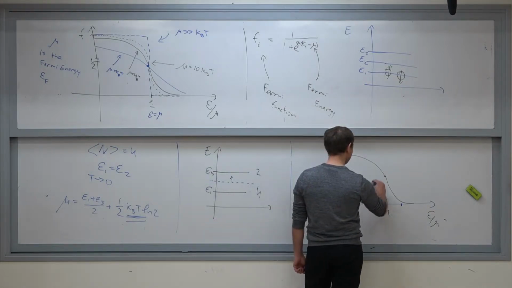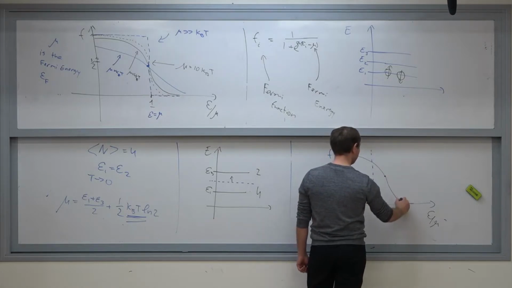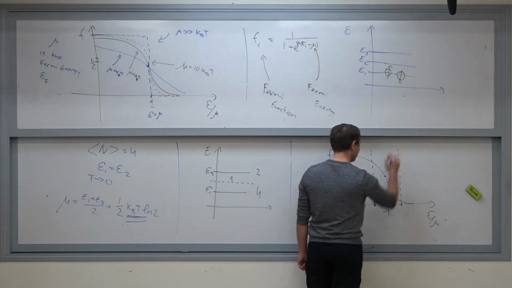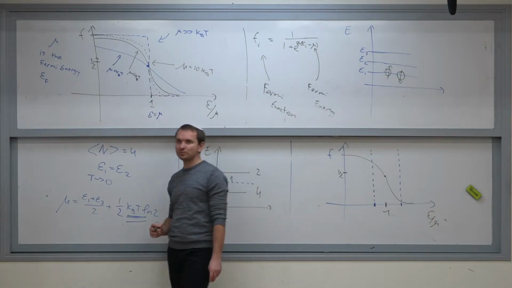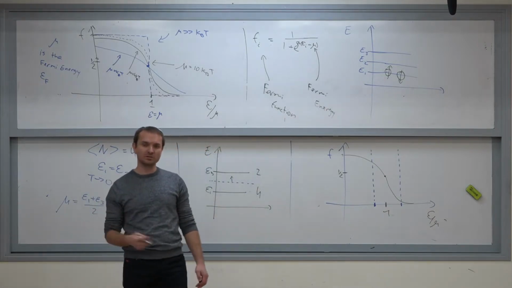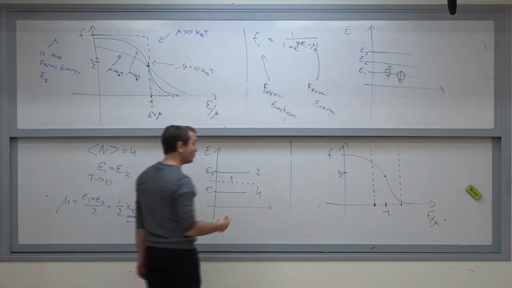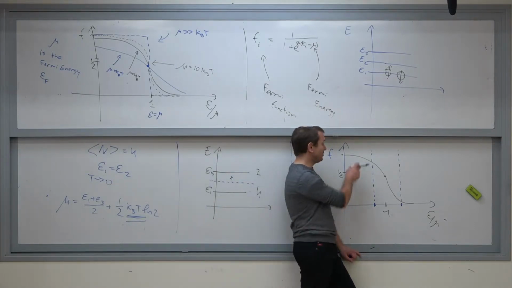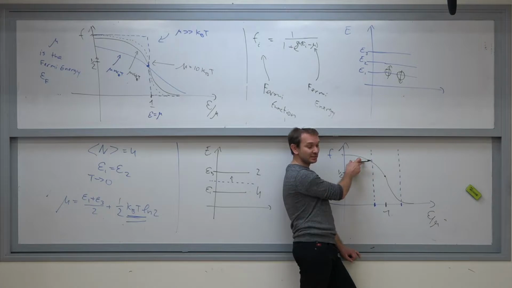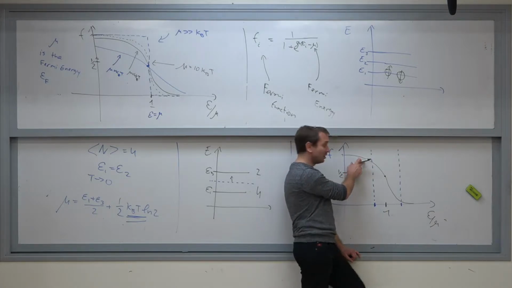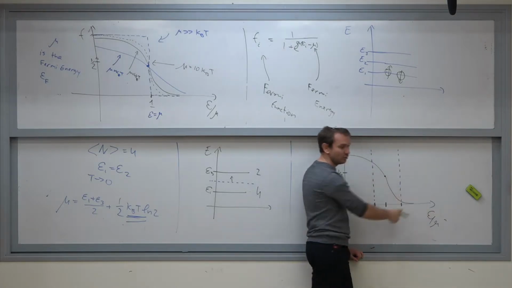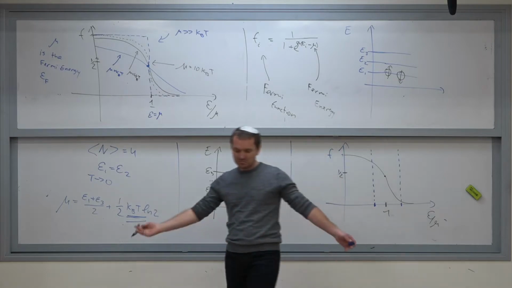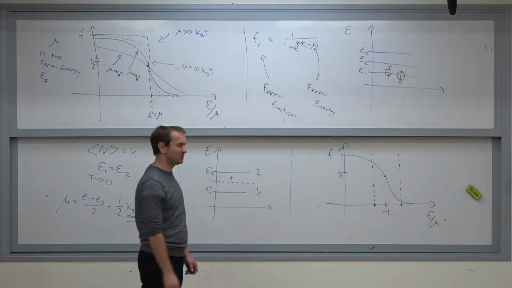So only the states that are in this region are participating in the process of changing the number of particles and changing their energy. All the other states are either fully occupied, so nothing happens there, there are no fluctuations, or fully unoccupied, so there is also nothing going on there, no particles ever reach those states.